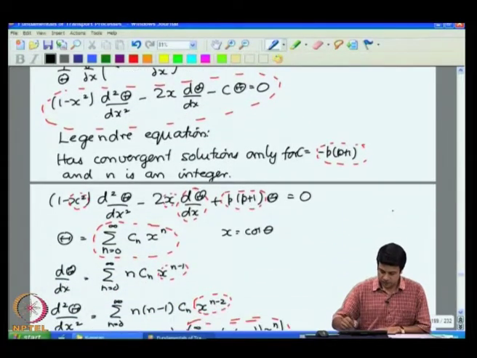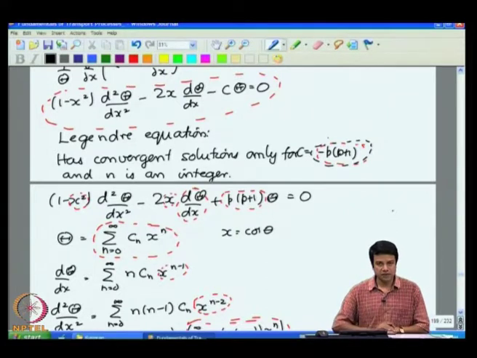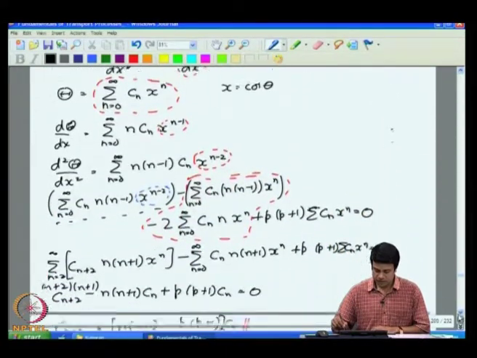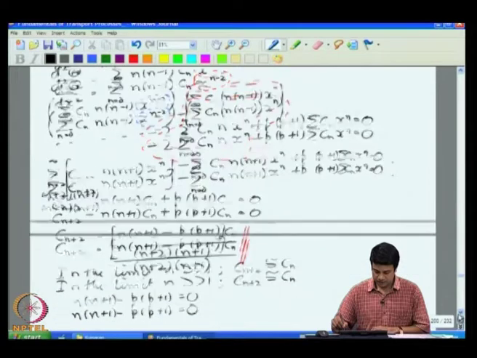So, the convergent solutions for this equation can be obtained only for discrete eigenvalues of this problem, from the requirement that the solution has to be finite both at x equal to plus 1 and at x equal to minus 1. And so, we got these Legendre polynomial expansions.